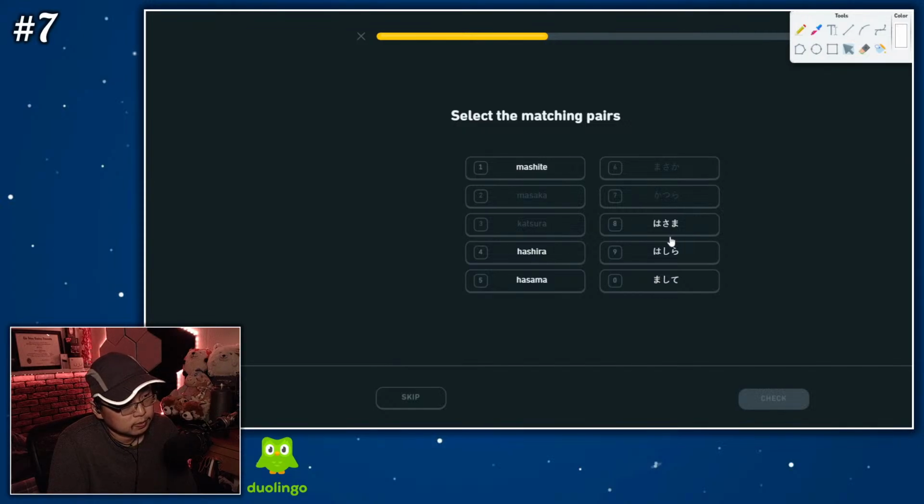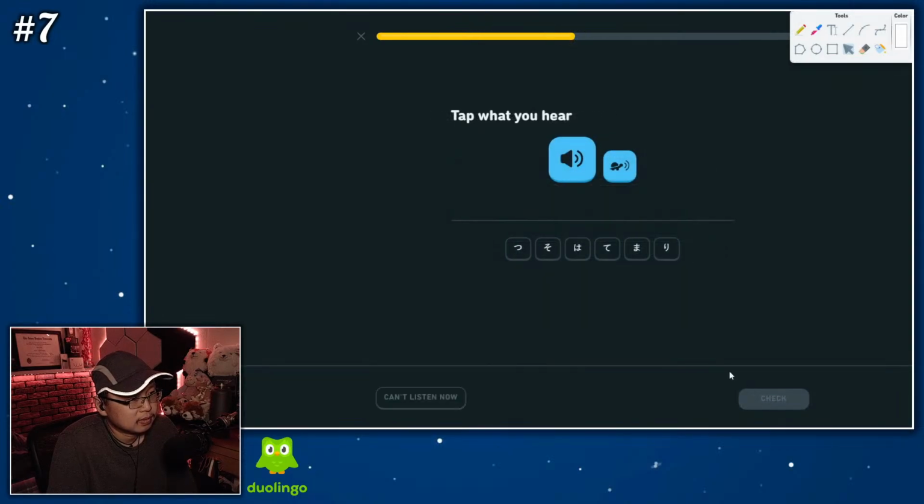Asama. Hasama. Hashira. 柱. Mashite. まして. Matsuri, right? Festival. ま, つ, り.